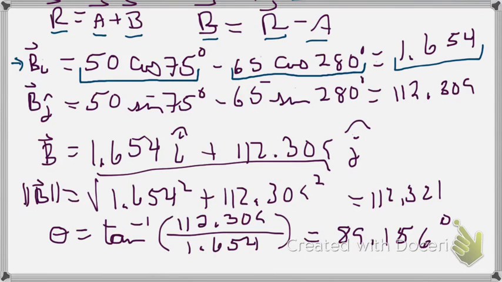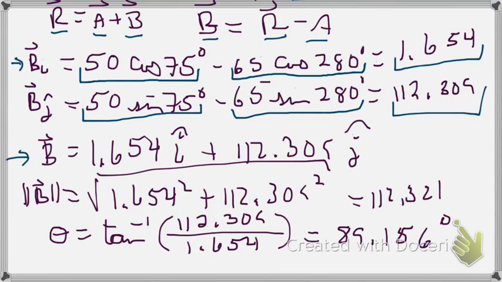To find the J component of B, it's 50 times the sine of 75, that's the J component of the resultant vector, minus 65 sine 280. That's the J component of the A vector. So B has a J component of 112.309. So that tells us that B is 1.654I plus 112.309J.